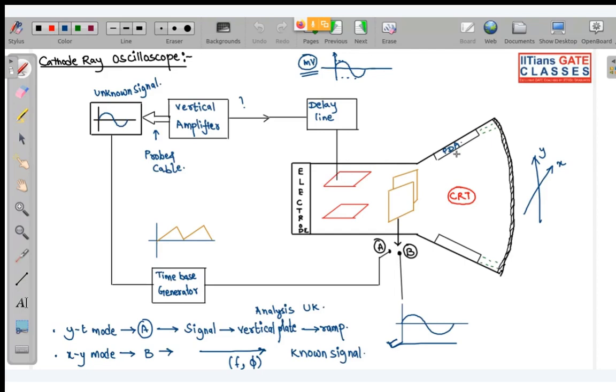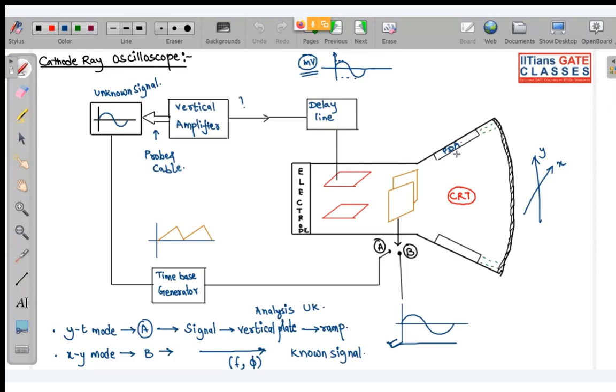First point: CRO is an electronic peak voltmeter which senses both AC and DC signals.